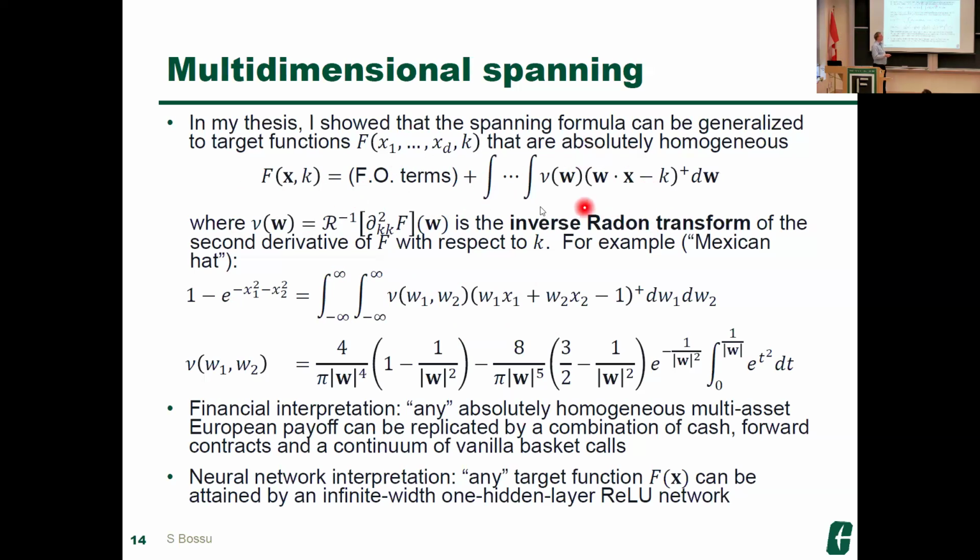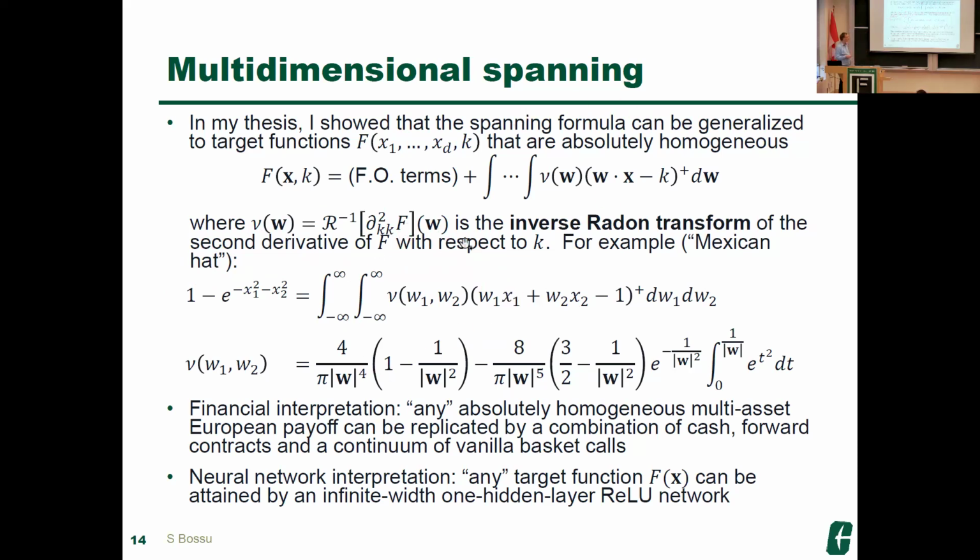We try to find quantities nu of W of all the basket calls you can think of, so we integrate over all possible basket weights W. This is actually an integral equation: we try to find the function nu of the basket weights. I showed that essentially the solution is the inverse Radon transform of the second derivative with respect to strike, which is close to Carr-Madan, where we don't have an inverse Radon transform but a second derivative of the payoff.